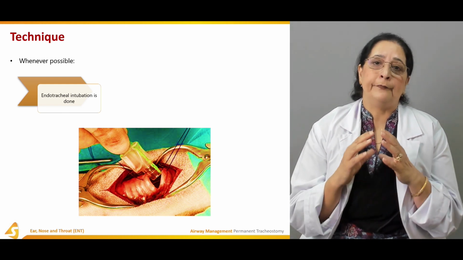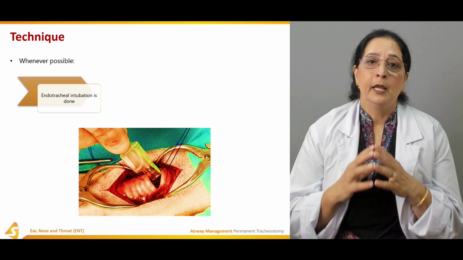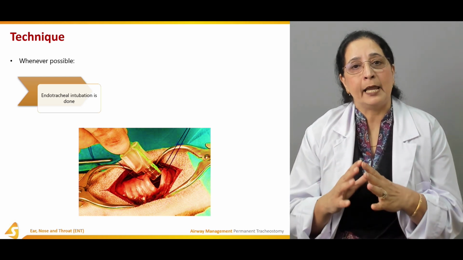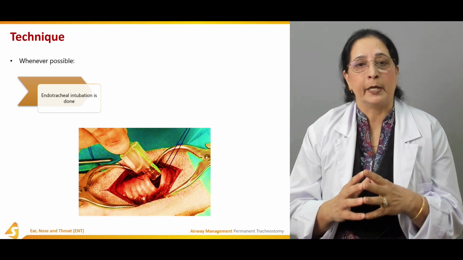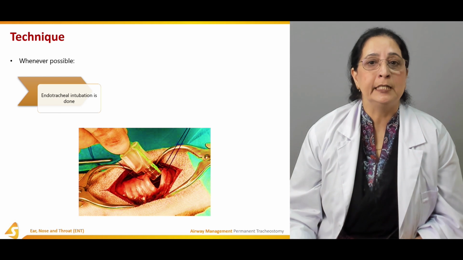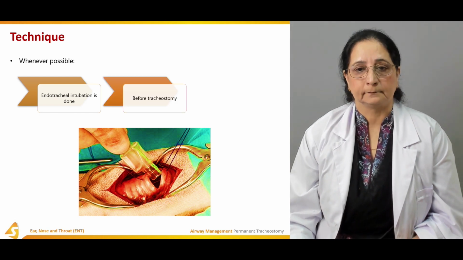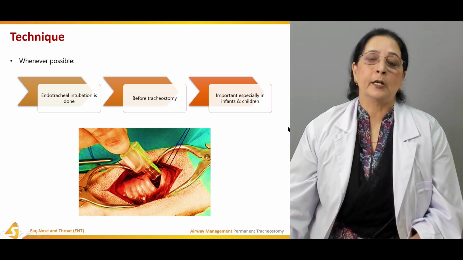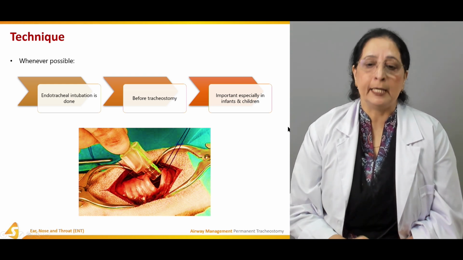Unless, as we said, it's an emergency procedure and we do not have time to perform intubation, we should not do it. But otherwise, whenever possible, intubation needs to be done before tracheostomy, and it's especially important in infants and children.